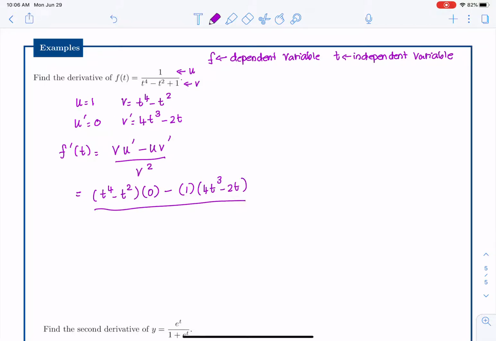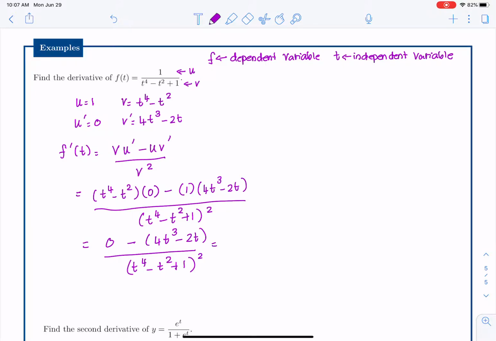Divide the entire thing by v squared, which is t raised 4 minus t squared plus 1 squared. So the first term would become 0 minus 4t cubed minus 2t divided by t raised 4 minus t squared plus 1 squared.